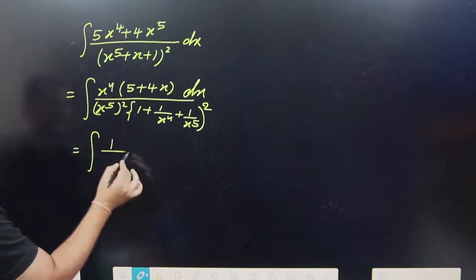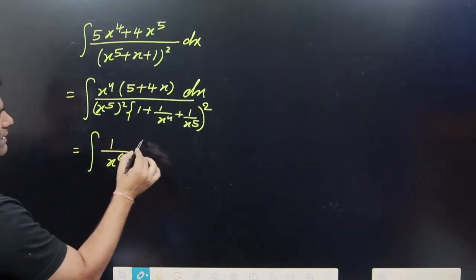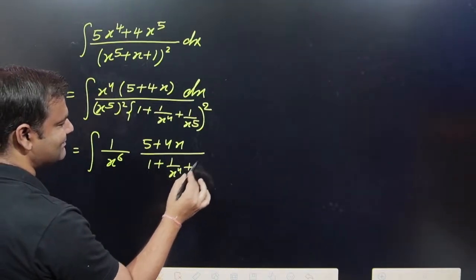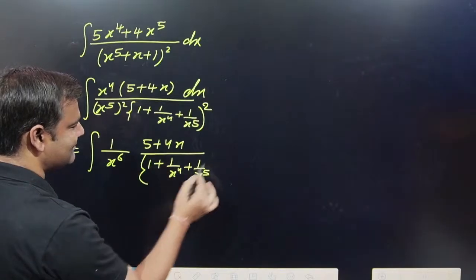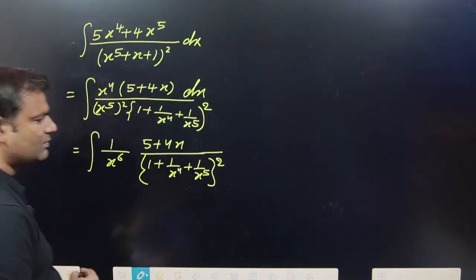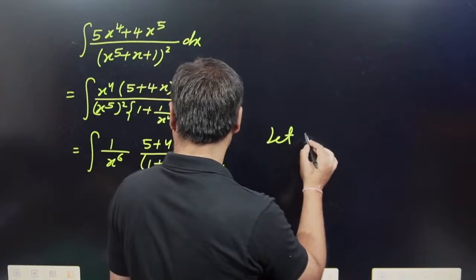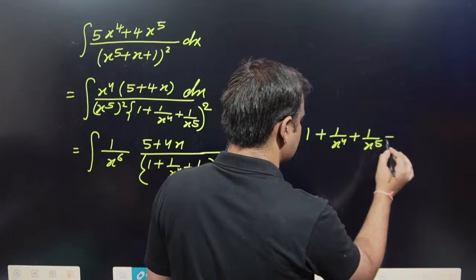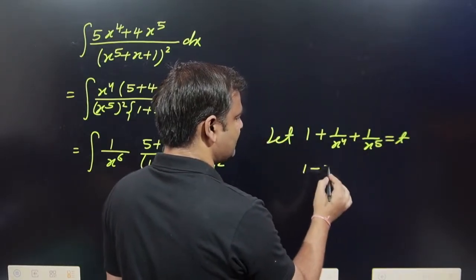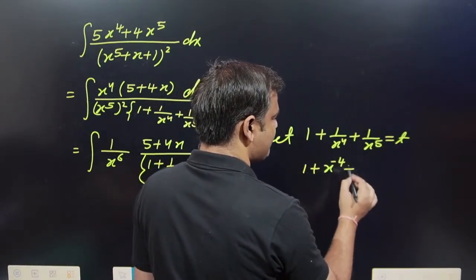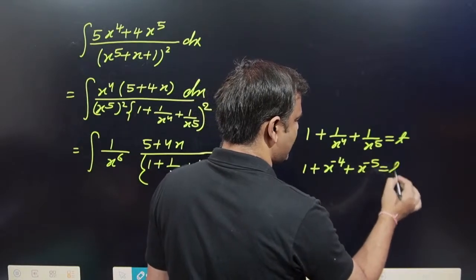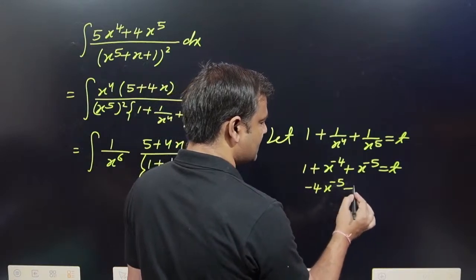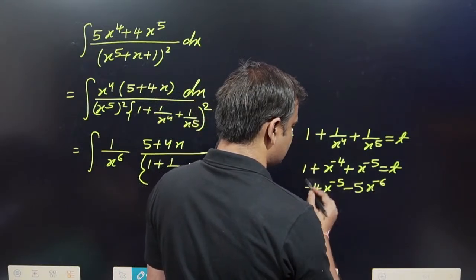Now that one x to power 6, basically here 5 plus 4x. Now look, let 1 plus 1 by x to power 4 plus 1 upon x to power 5 be taken as t. So basically, if we differentiate both sides, then we get minus 4 into x to power minus 5 minus 5 into x to power minus 6 into dx.